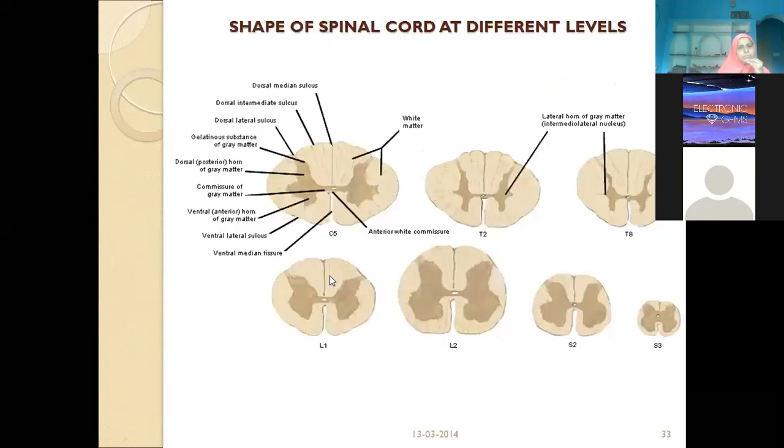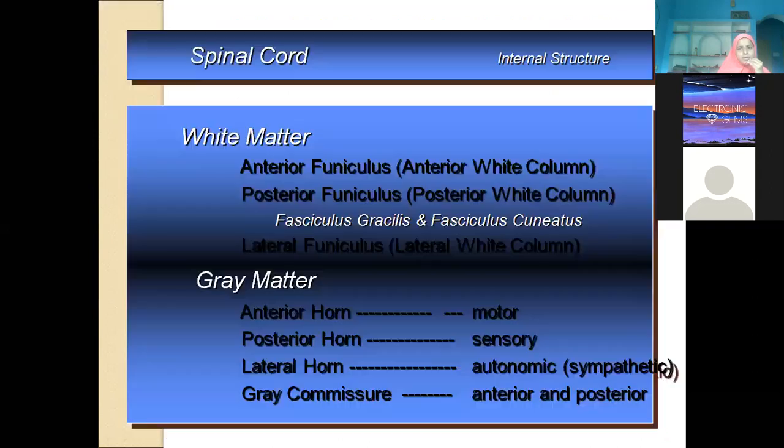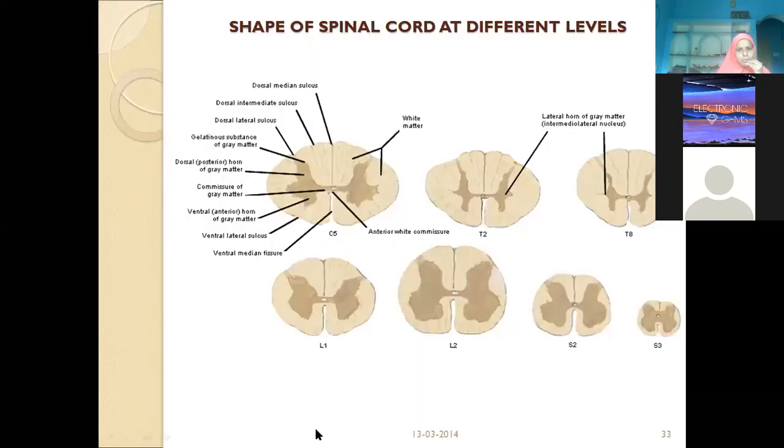Notice, I will show you different parts here. So what are these? It looks a little wider, no? Where is this section taken? In the cervical part. That means this part is actually indicating the cervical enlargement. Compare, the thoracic part is not so wide, isn't it?